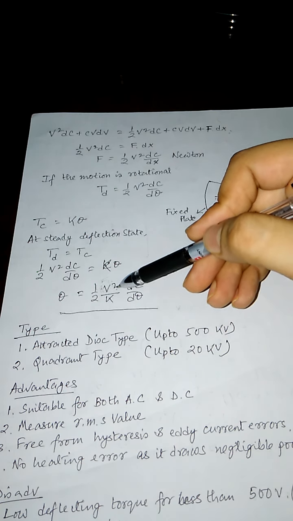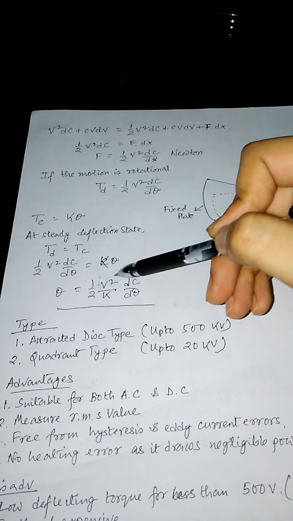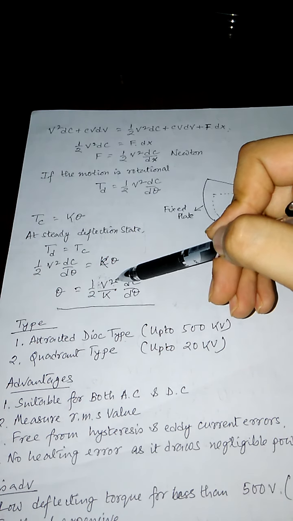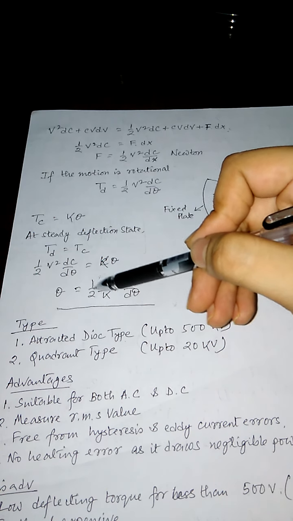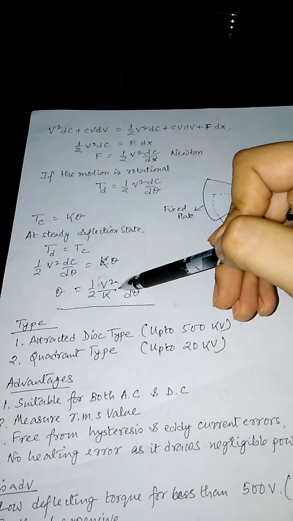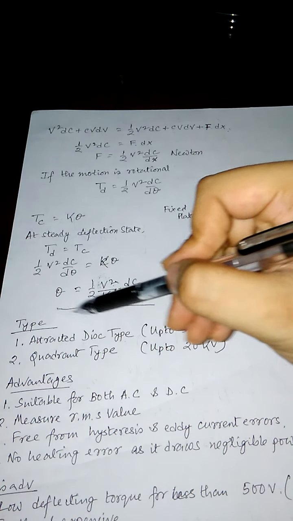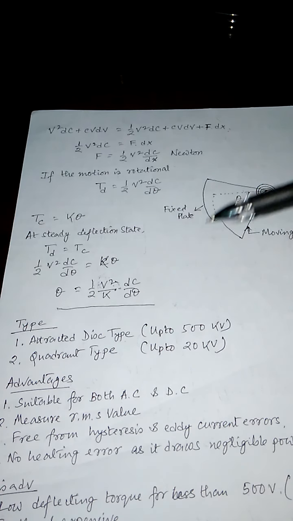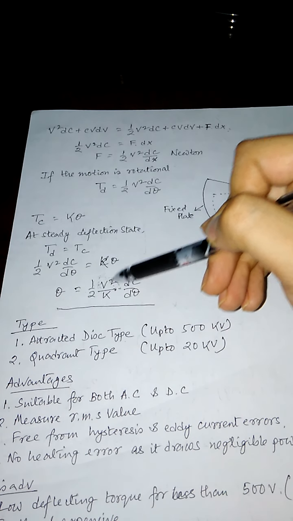Another conclusion is that as it is proportional to voltage square, this is a square law, square scale type response, so obviously the scale of this instrument will be non-uniform, as it is not proportional to the voltage but to the voltage square.